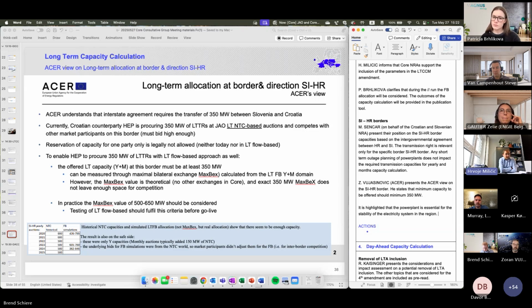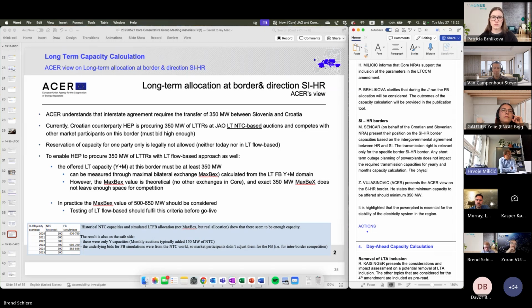That's why it's very important for us to still have the physical transmission rights in the long-term market on this border. I think it is also the connection for the next topic, but I want to emphasize already now that the status of the physical transmission rights on these borders is really a must for us, for regulators.